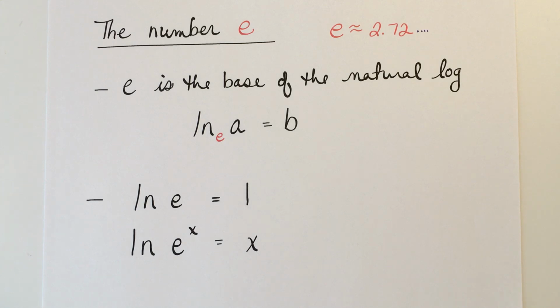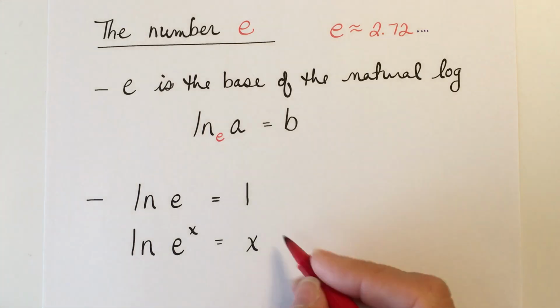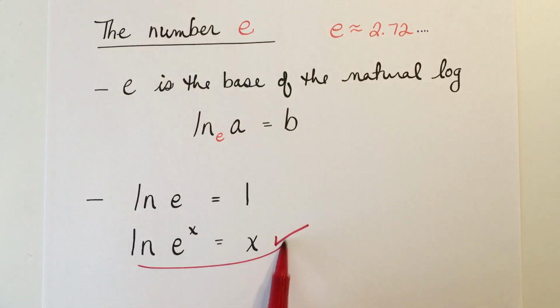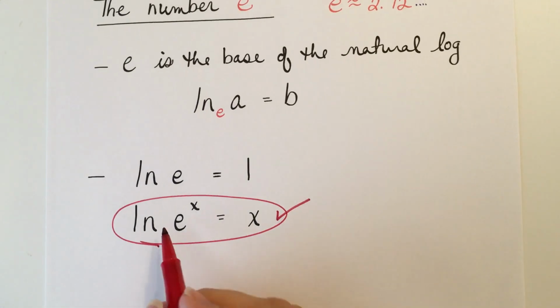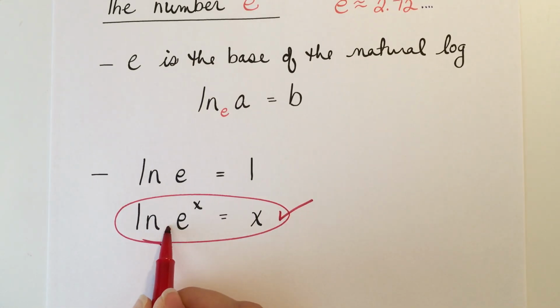Now, a couple of properties. Anytime that you have natural log of e, then that's just going to be equal to 1. Anytime that you have natural log of e to some power, then it's just going to be equal to that power. And if you remember this property, it's actually also this. I've just told you that this is understood to be an e.